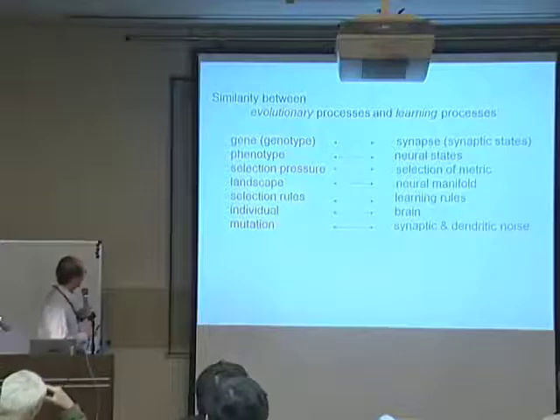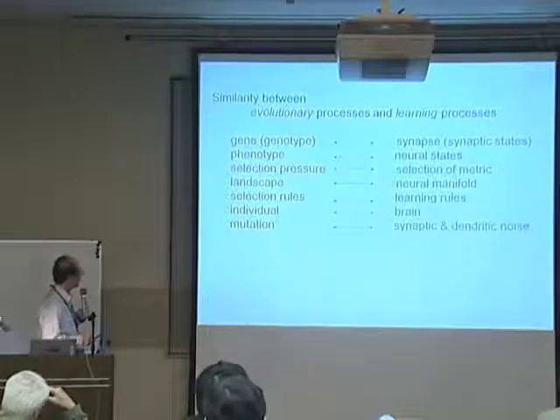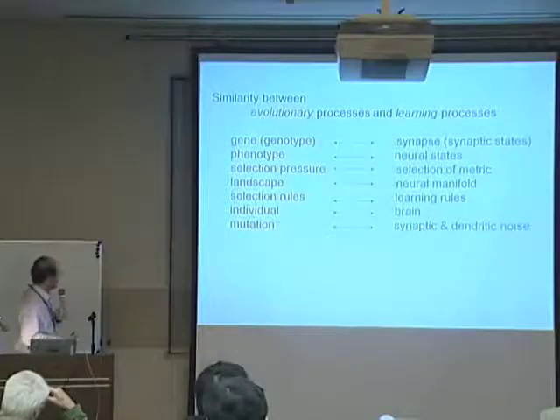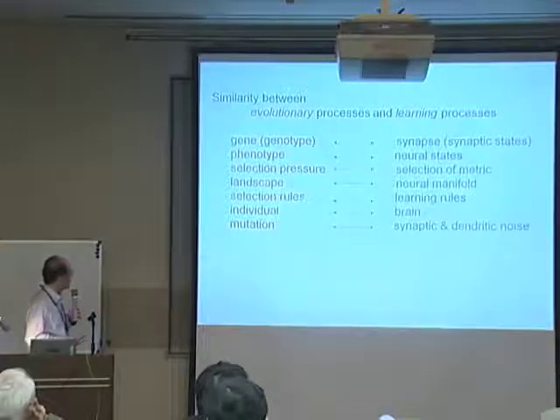For instance, for gene and synapse, the genotype is the synaptic states, for phenotype the neural states, for selection pressure the selection of some metric, or some variational principle. For landscape, the neural manifold, and the selection rules correspond to learning rules.